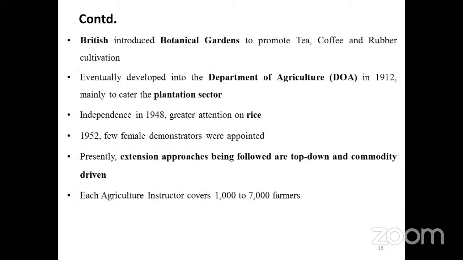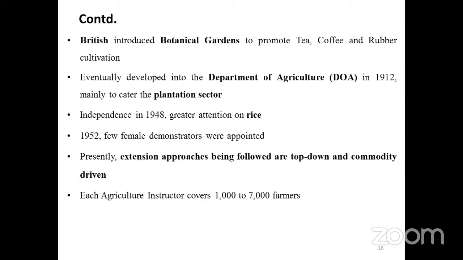The British introduced botanical gardens to promote tea, coffee, and rubber cultivation. It's a tropical country, so obviously tea, coffee, and rubber are the main crops there. Further, these botanical gardens were developed into the Department of Agriculture to cater to the plantation sector particularly. Then Sri Lanka got independence in 1948.